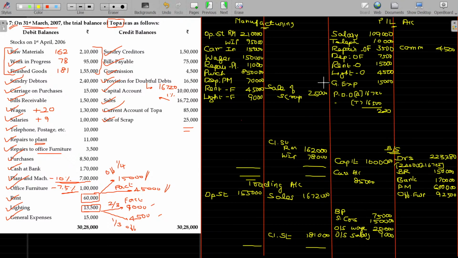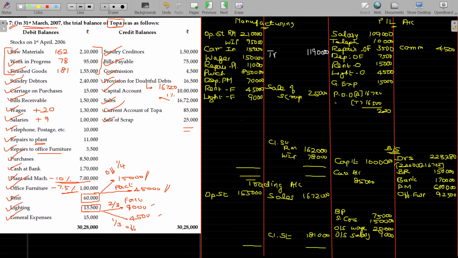We have posted everything. Come on, finish up tallying the manufacturing account. How much is that? The balance you will be getting here. What is the balance? Come on. 11 lakhs 90 being the balancing figure, I think so.